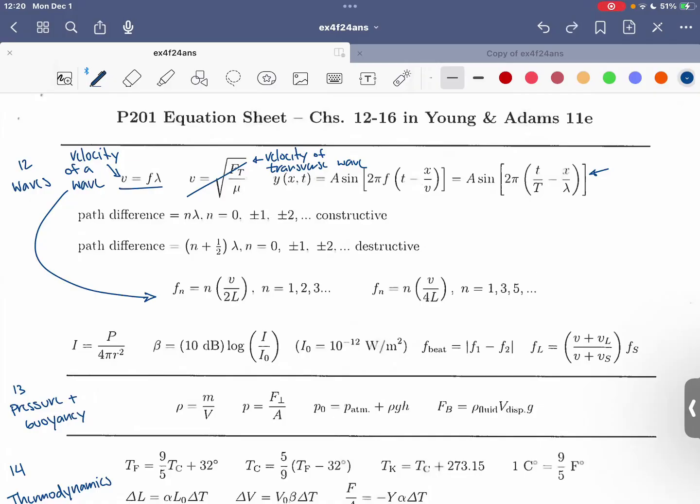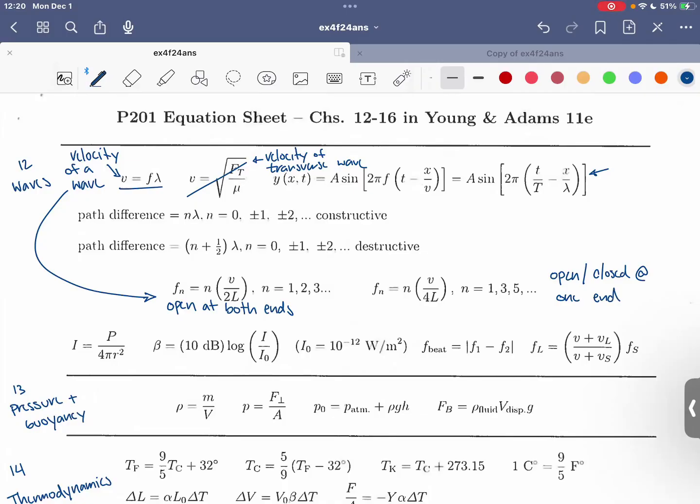So let's say this is open at both ends, and this is open slash closed at one end.